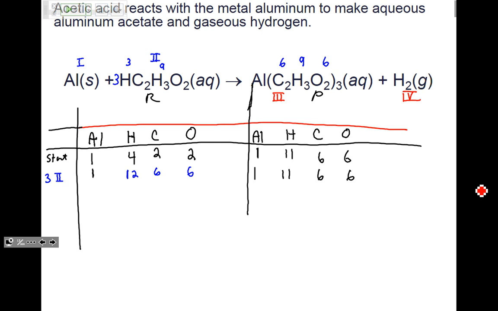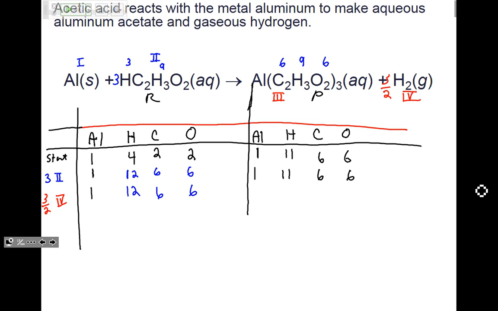So let's try that. If I multiply this by 3 over 2, that's going to give me, now I'm not changing anything else. So that's still 1, still 12, that's still 6, that's still 6.